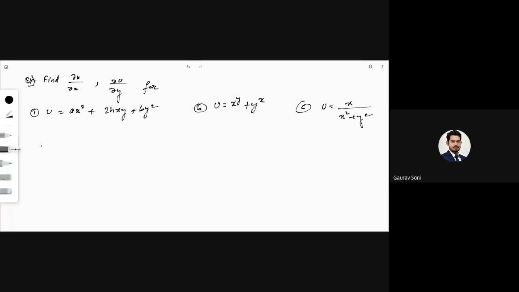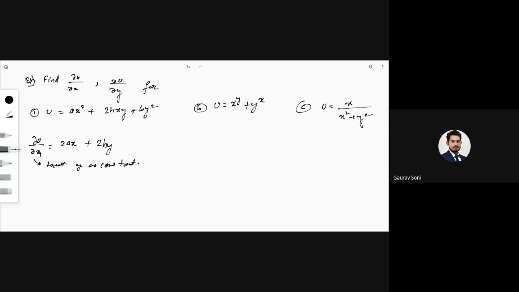Yes, the first one: partial derivative of u with respect to x is 2ax + 2hy. In this you treat y as constant, and you will get this answer.